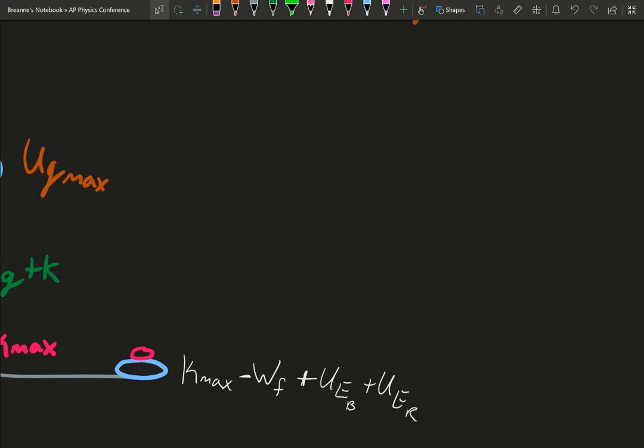And then when it starts going back up, that's when it starts to separate.